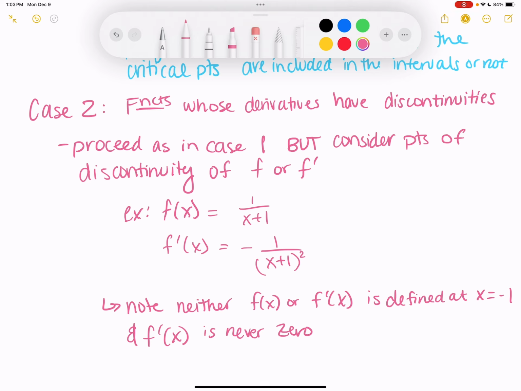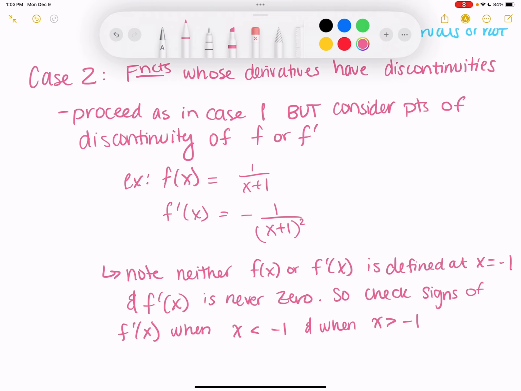So, check the signs of f prime of x when x is less than negative 1 and when x is greater than negative 1. In this case, when x is less than negative 1, f prime of x is less than 0.